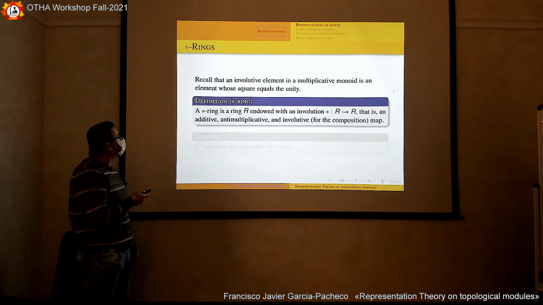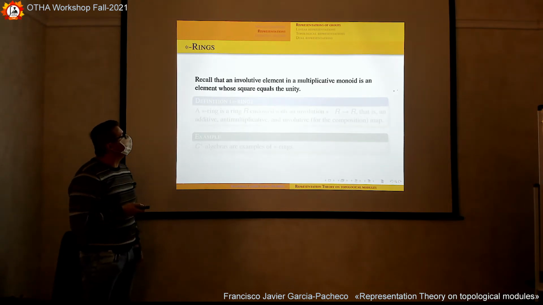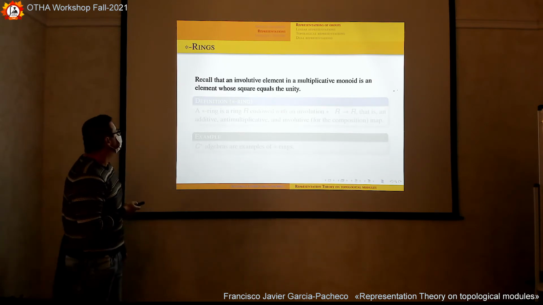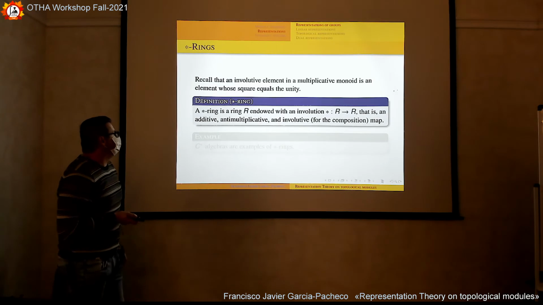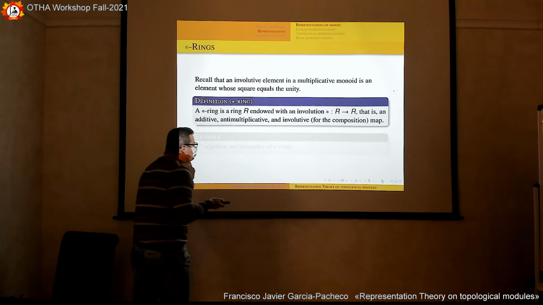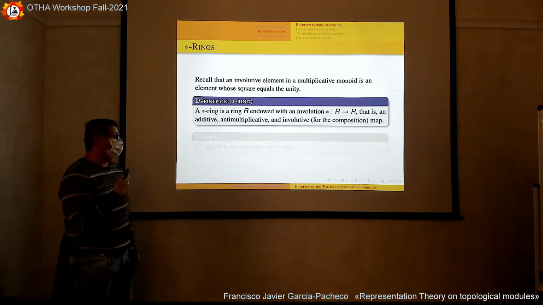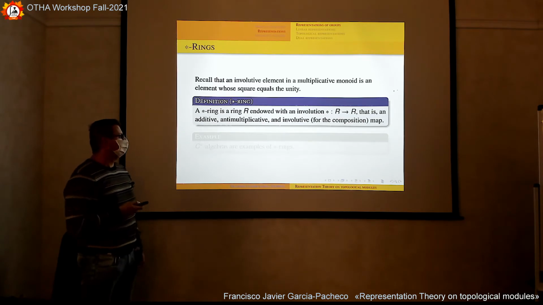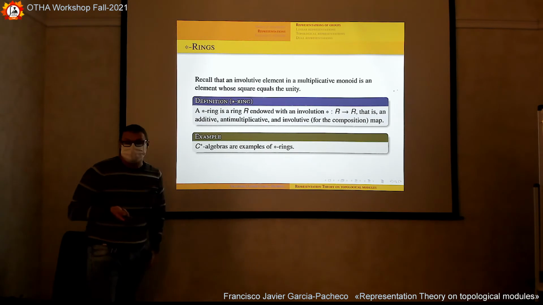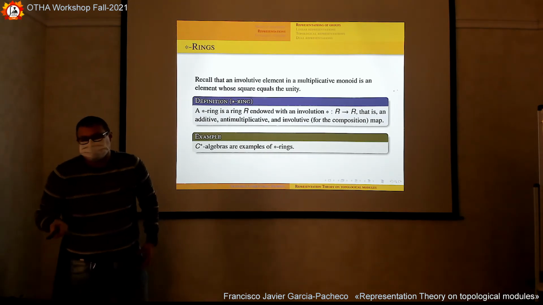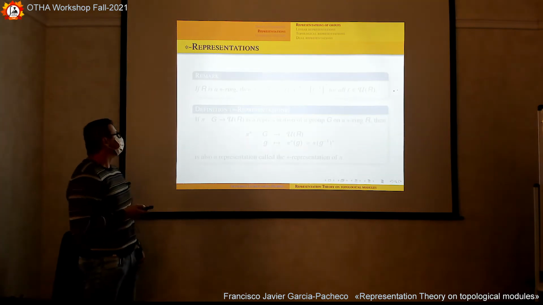We first recall that an involutive element in a multiplicative monoid is an element whose square equals the unity. A star ring is a ring endowed with an involution, that is an additive, anti-multiplicative, and involutive map. C-star algebras are clear examples of star rings.